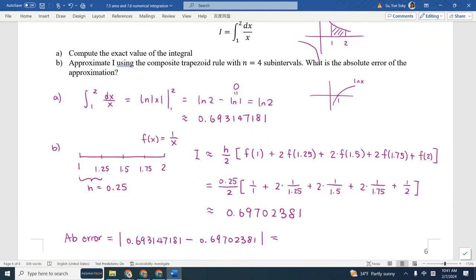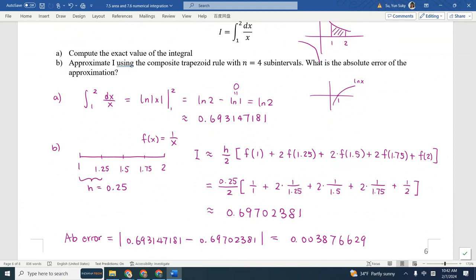What do you get? 0.0038. Right, because the difference is in the third decimal place.